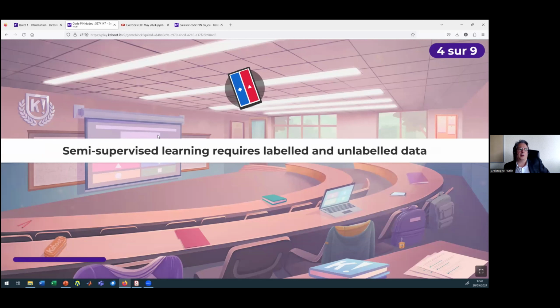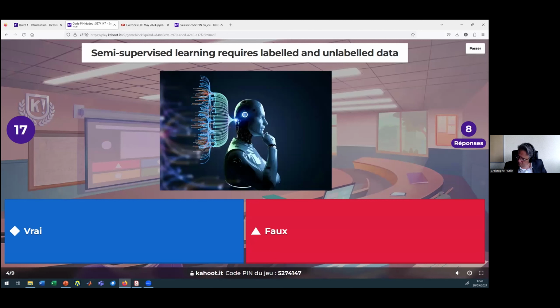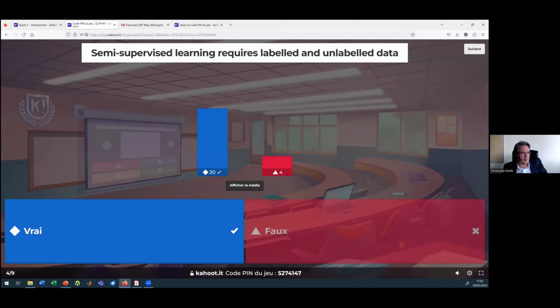True or false? Semi-supervised learning requires labeled and unlabeled data. It is true, semi-supervised learning requires both labeled and unlabeled data.